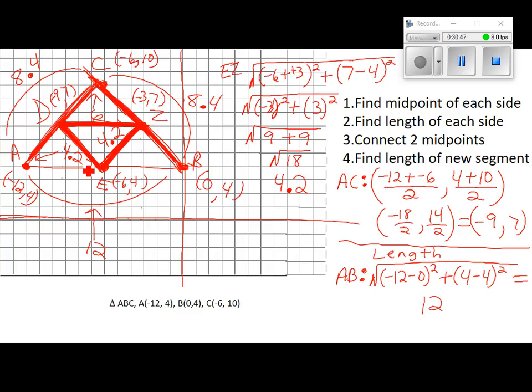Do you notice it? What do you think's true about all four of those triangles? There's four triangles. They're all congruent. All four of those triangles are congruent to each other.